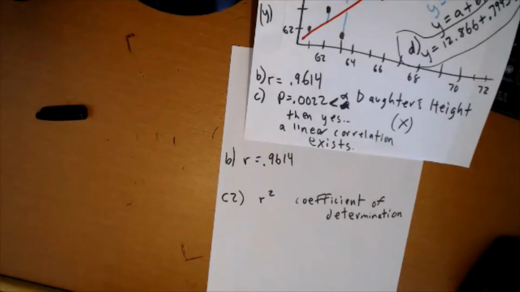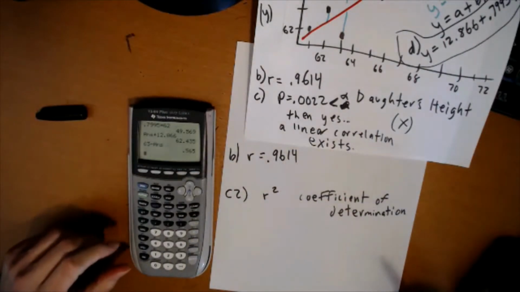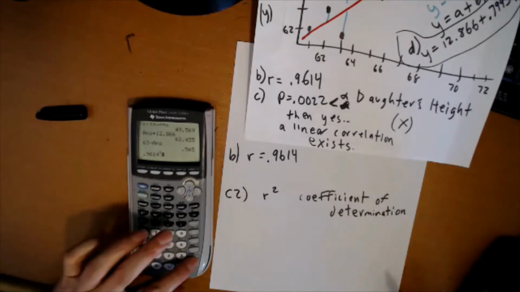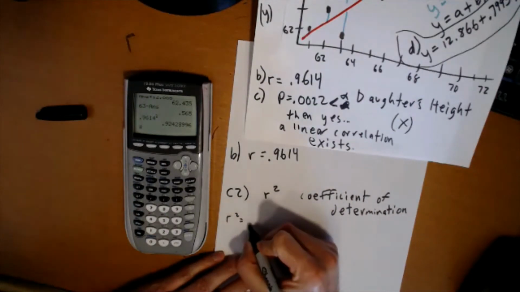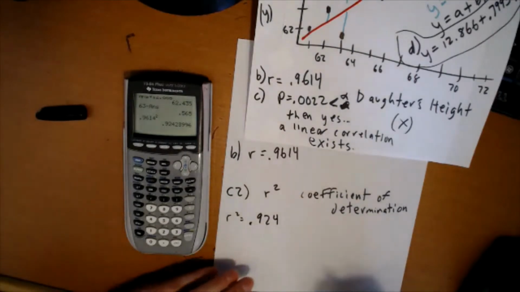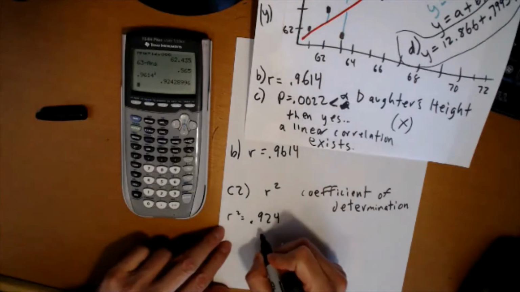So we agreed that we had a correlation of R equals 0.9614. So the R squared would just be 0.9614 squared, enter. And so R squared is equal to 0.924 approximately. And then we usually talk about R squared in terms of a percentage.